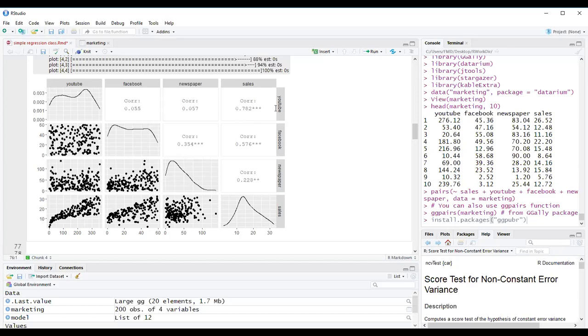And we saw that in our plot, right? We saw that in our plot, sales and YouTube here. On the other hand, sales and Facebook, not as strong as that of YouTube, and newspaper also, where there's a weak correlation between sales and newspaper, 0.228, and a relatively strong correlation between sales and Facebook.